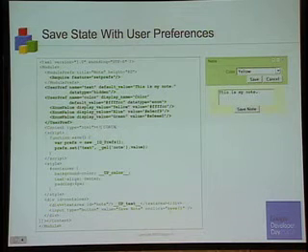I've defined my function save right here in the script tags. And inside that function, I instantiate a new prefs object, and I set the preference with the name of text to the value of the text area.